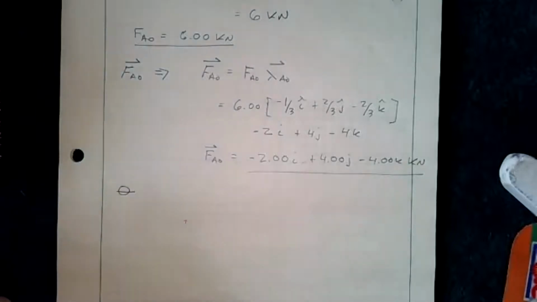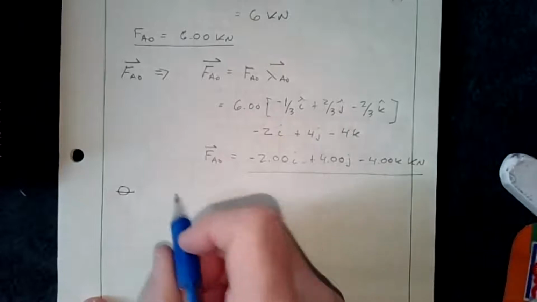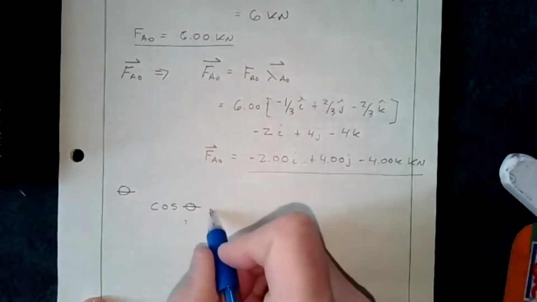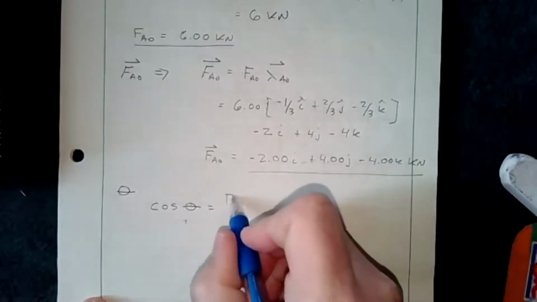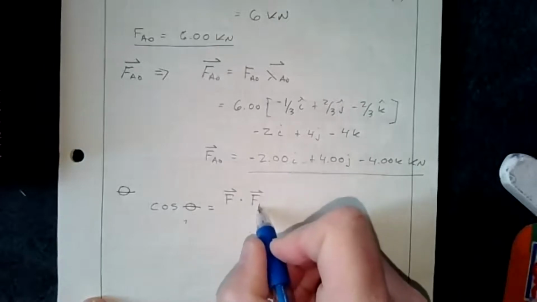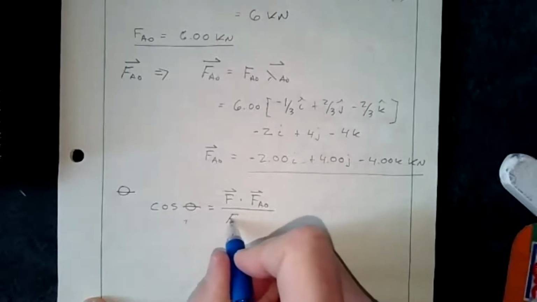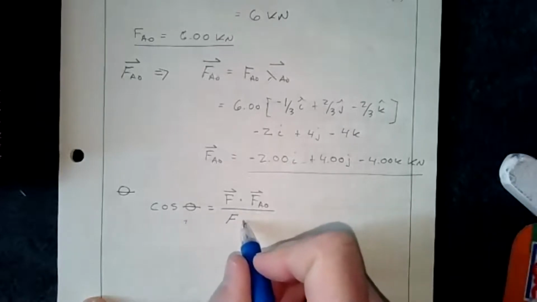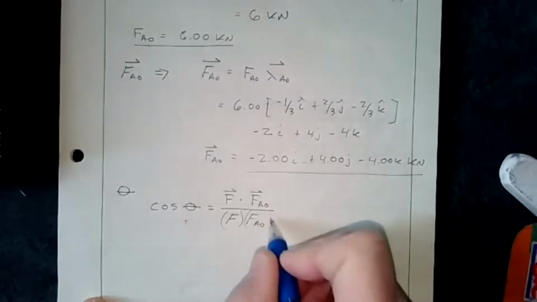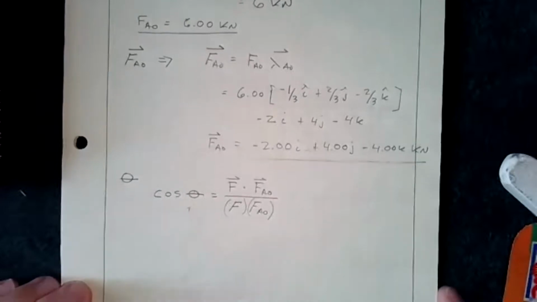And in that case, we know that cosine theta equals the dot product of each vector divided by the magnitude of each vector multiplied together. And that's just that equation I showed you on the slide.